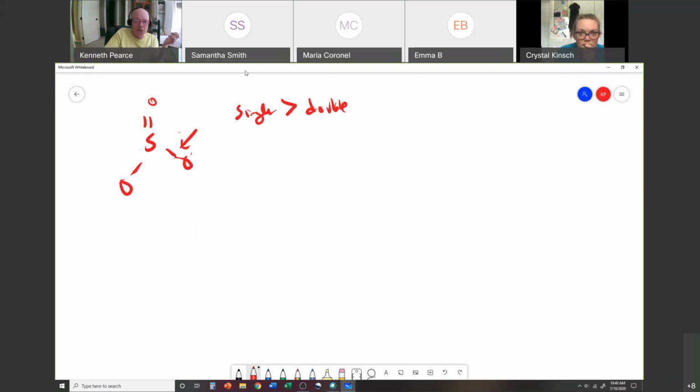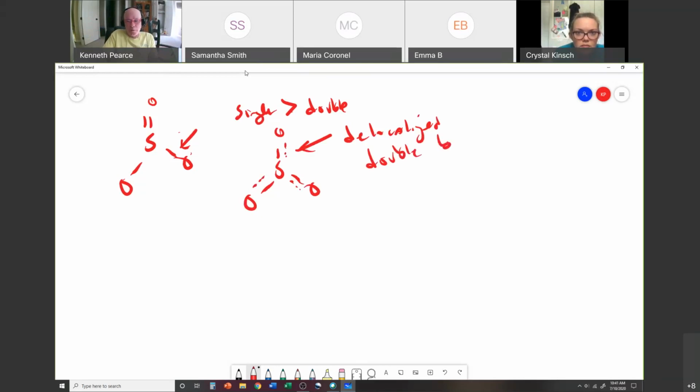It's actually a resonance, and we're saying that it's more like this, it's got partial bonds. What we're really saying is that this is a delocalized double bond.